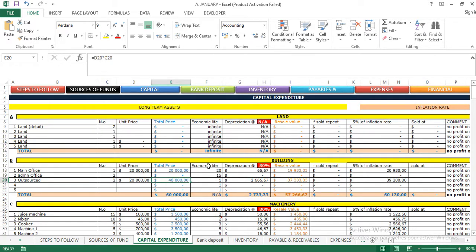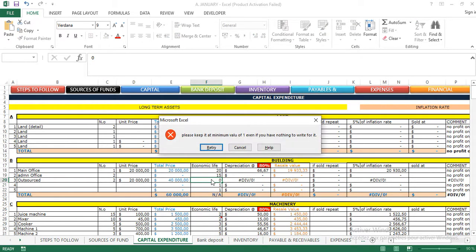I will explain what economic life is. An office doesn't have economic life, because this is a building. I hope you understand that a building doesn't lose value; it increases in value. So there is no economic life. It's not available.